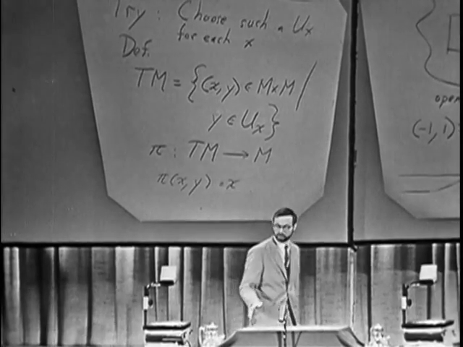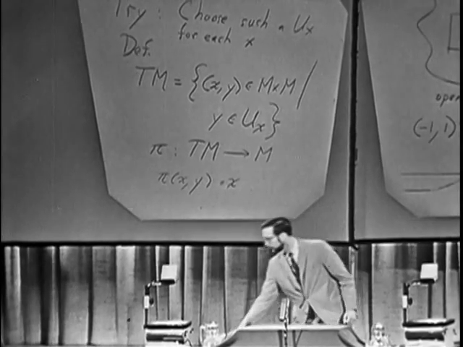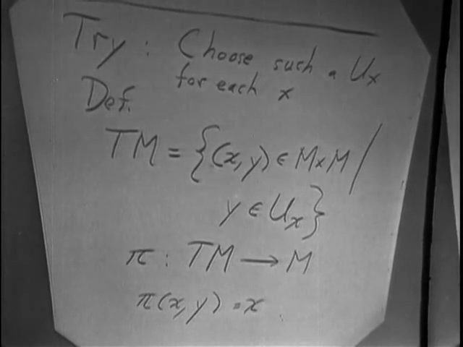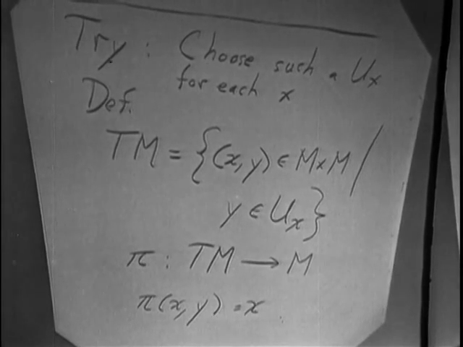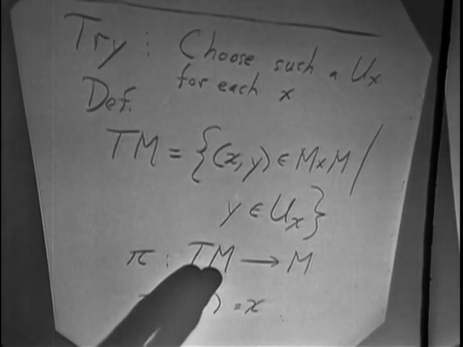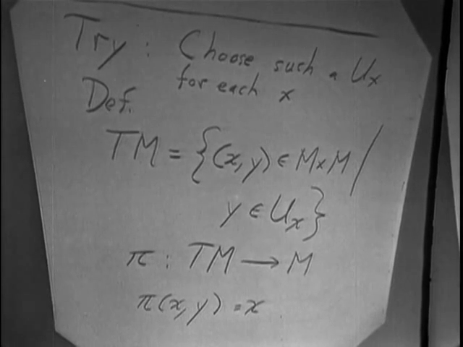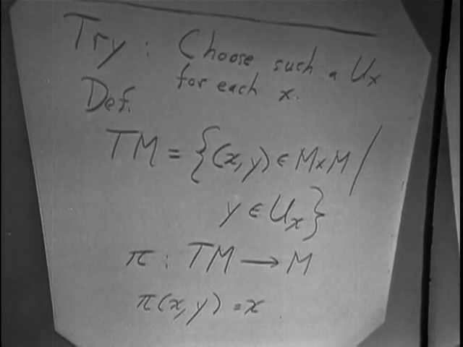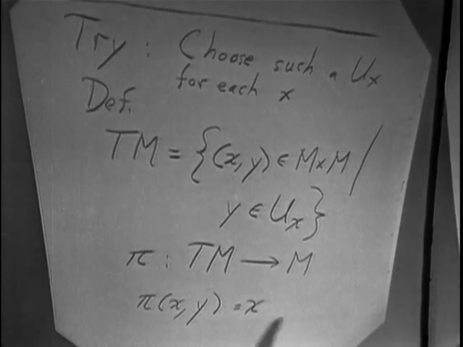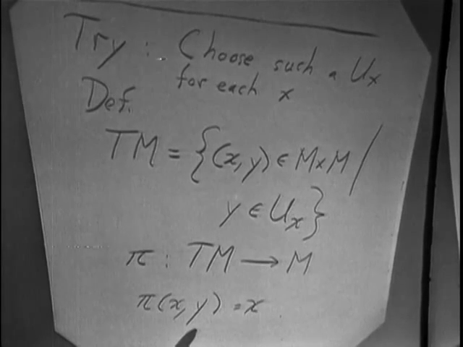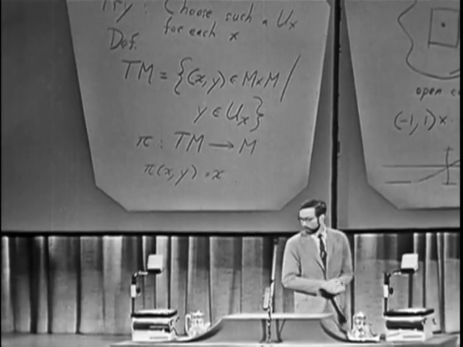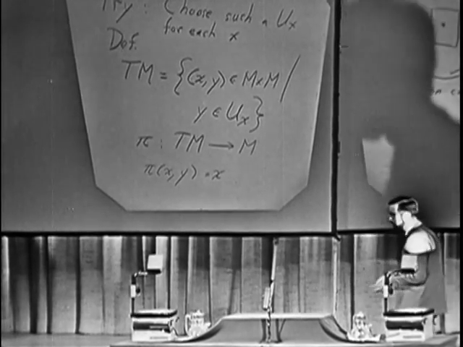I'm trying to imitate the definition of tangent bundle in the differentiable case as closely as I can, and yet to give a definition which works simultaneously in each of these three categories. So if we make this definition, we certainly have a topological space mapping down to M. And we certainly have the property that for each x, the inverse image of x, that's the set of all y belonging to u sub x, essentially. So the inverse image of each point will be isomorphic in the category to the full Euclidean space.